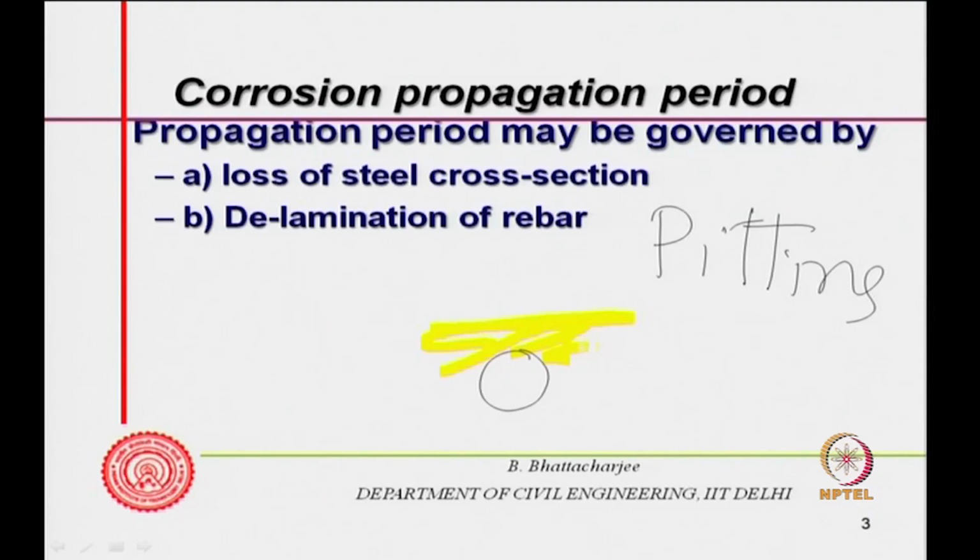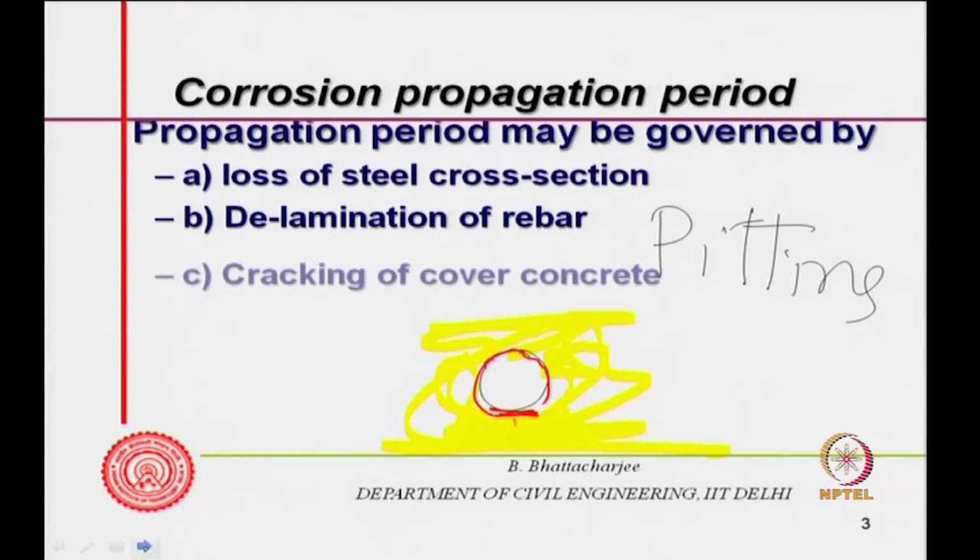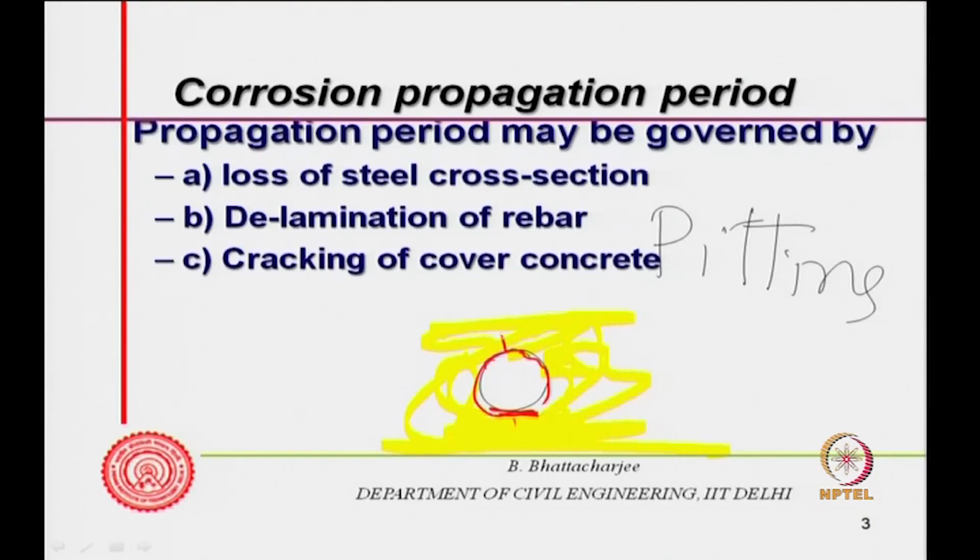Let us say this is the bottom side and there is a delamination from the rebar. The bar gets separated out, the bond is lost and it gets delaminated. The third scenario is cracking of cover concrete.